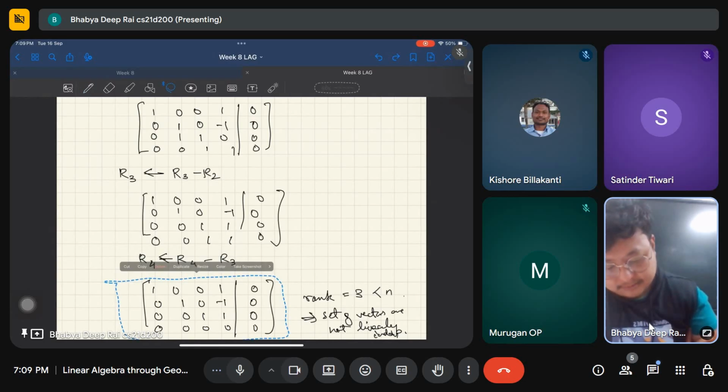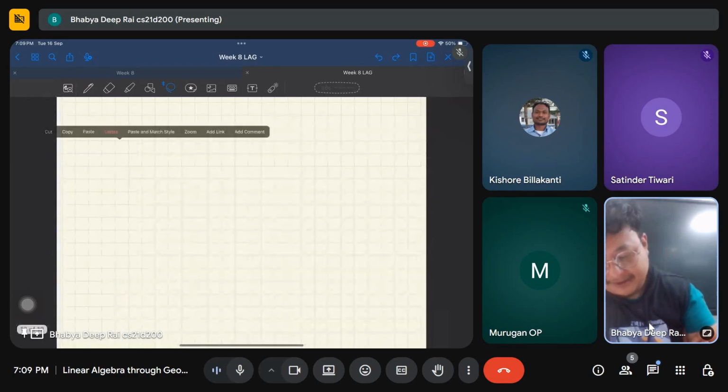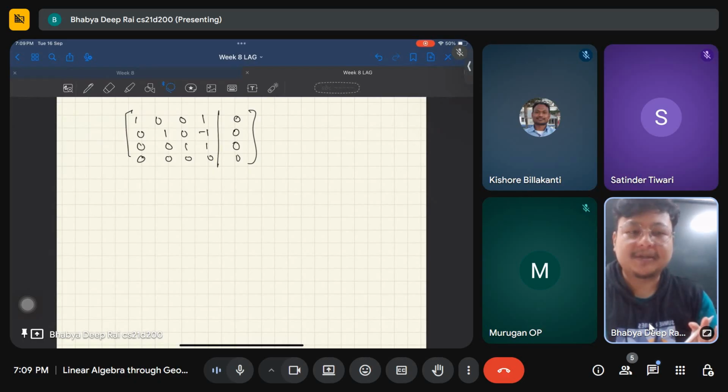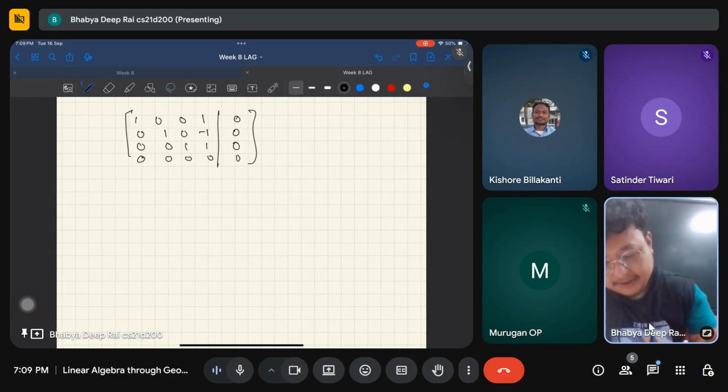So now we'll see what is happening behind the scenes. What we started out with was this Ax equals 0. What does this mean? And what is A?